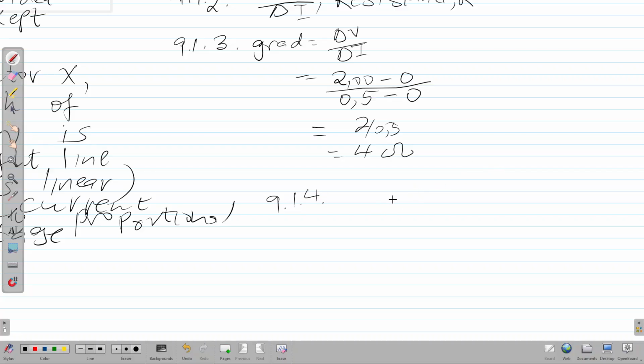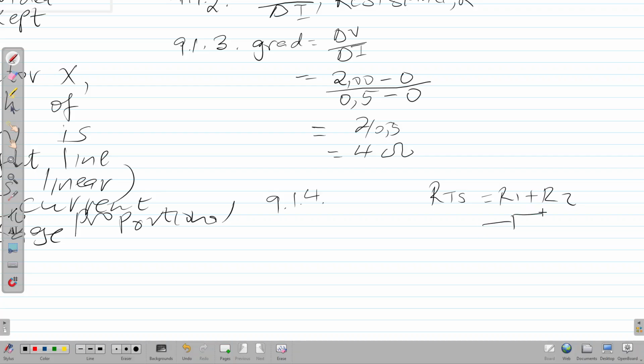9.1.4: you don't know whether this is series or parallel, so we're just going to say that RT series is R1 plus R2.